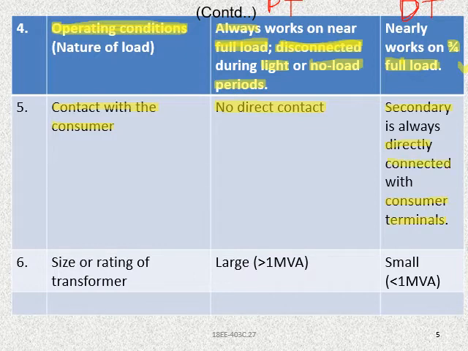No consumer will take the power from the PT. Either it may be industrial, agricultural, commercial, domestic, anything else, the supply has to be consumed or connected directly to the distribution transformer only, whoever the consumer may be. Just make a note of this.